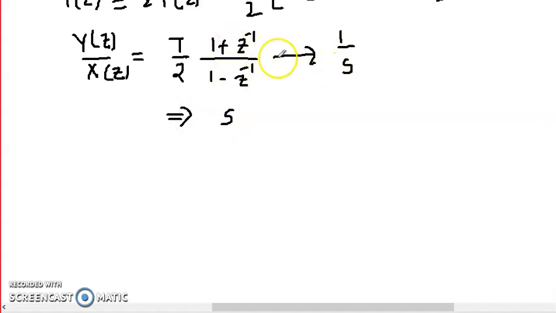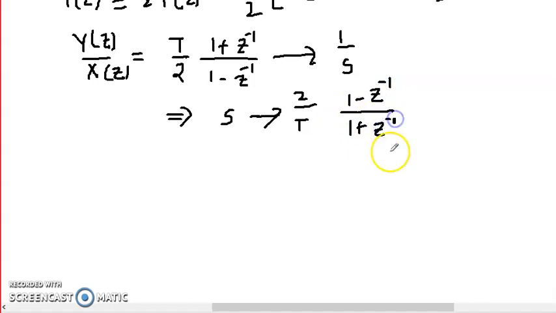If we compare these two, s will not be simply equal to z, because both cannot be equated, but s can transform to 2 by T (1 minus z raised to power minus 1) upon (1 plus z raised to power minus 1), like this.